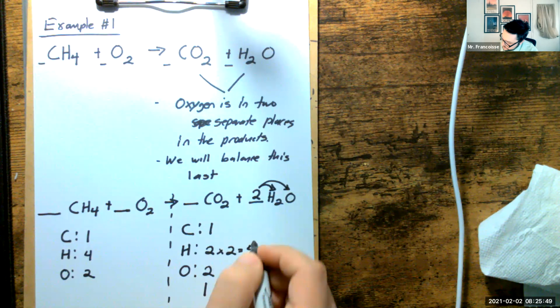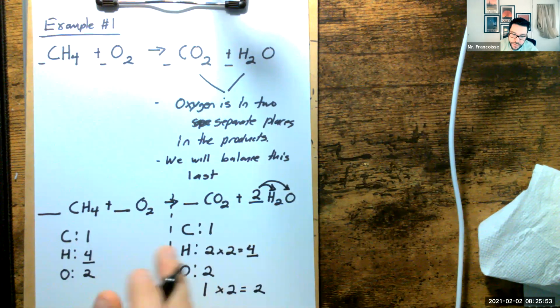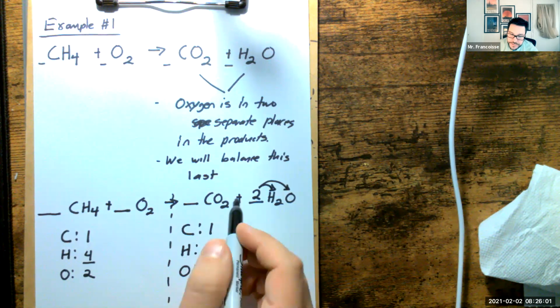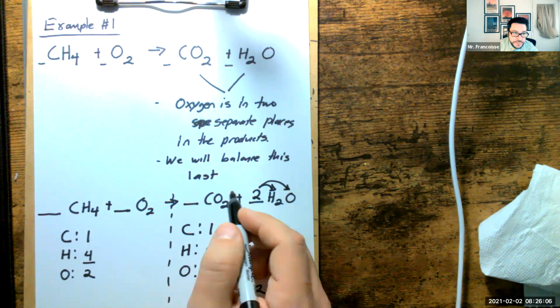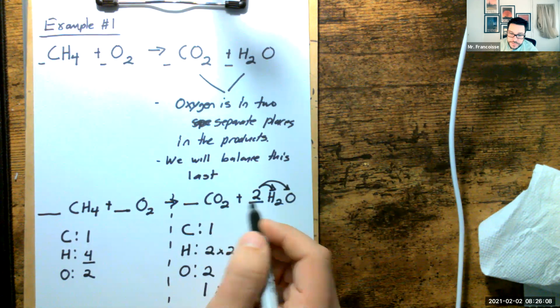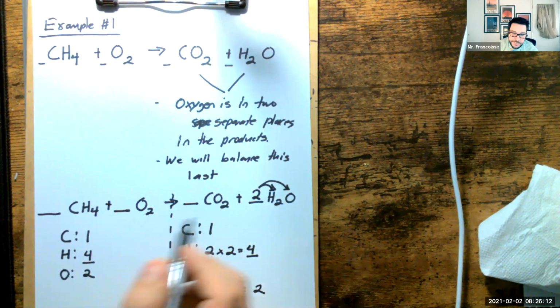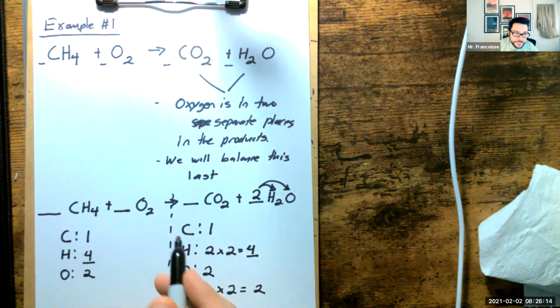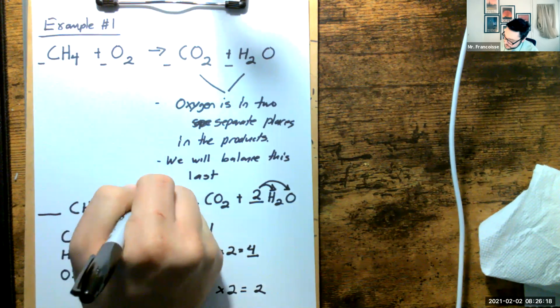So we have 4 hydrogen and 4 hydrogen. That's fine. We have 1 carbon and we have 1 carbon. And then if we look at our total here, it's going to be 2 plus 2 because we add these together, right? 2 oxygen here, 2 times 1, 2 oxygen. So 2 plus 2 would give us 4. So it means on this side, we need to get 4 oxygen. So we're going to put a 2 in front to multiply this out.